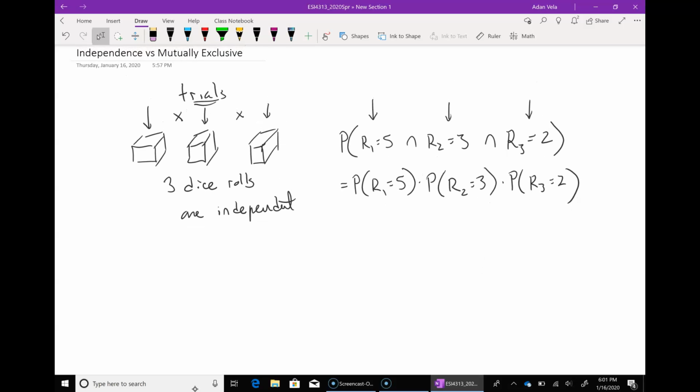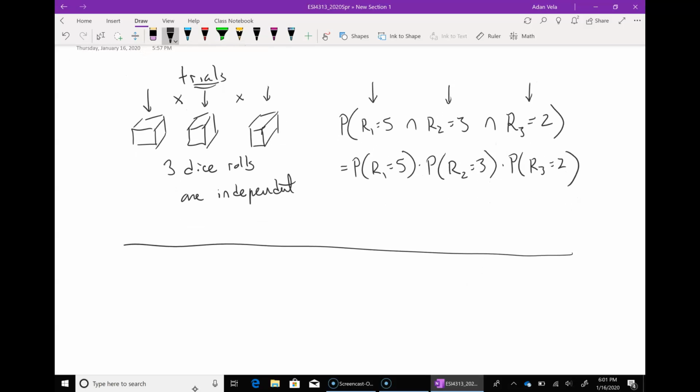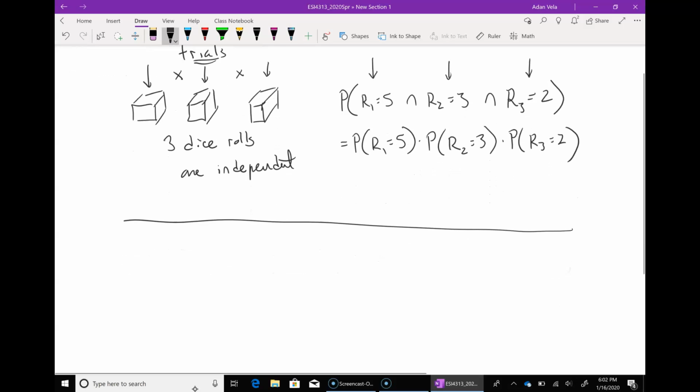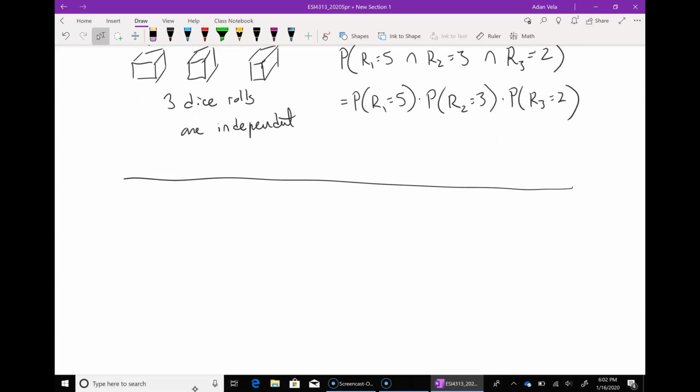All right. The other topic that we should talk about is mutually exclusive. Now, mutually exclusive typically involves a single trial. So here we're talking about rolling a single die. And those outcomes, the possible outcomes for a die, are 1, 2, 3, 4, 5, and 6.